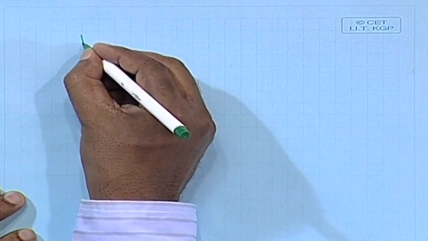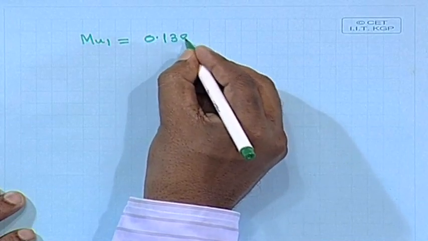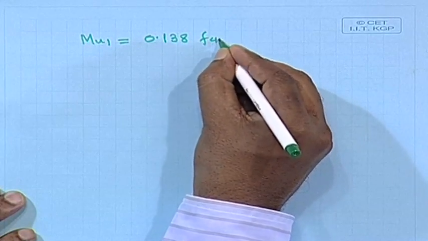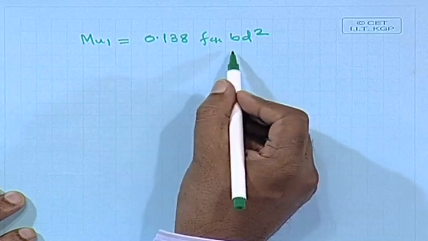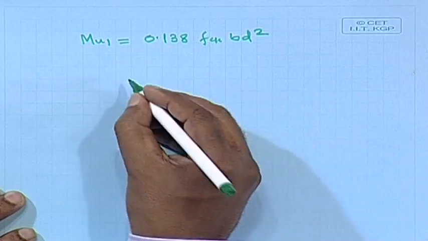Mu1, what is Mu1 due to concrete failure? Mu1 equal to 0.138 fck b d square.